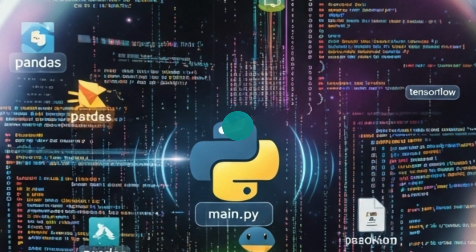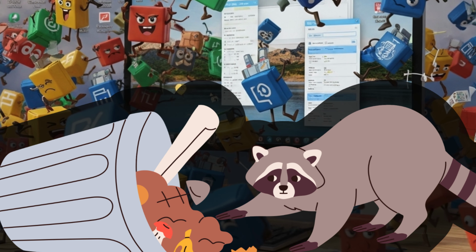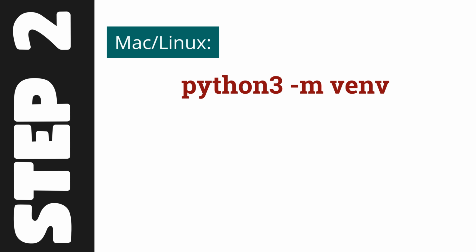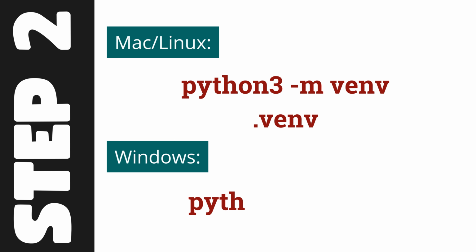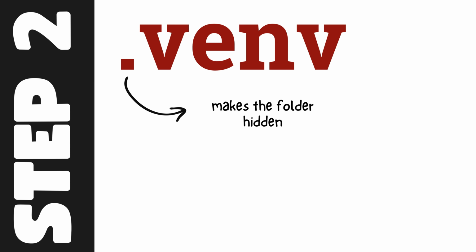Without it, you're basically letting every package run wild across your computer like raccoons in a dumpster. Not recommended. Here's the magic spell. For Mac or Linux, python3 -m venv .venv. For Windows, python -m venv .venv. The little dot before venv just makes the folder hidden.